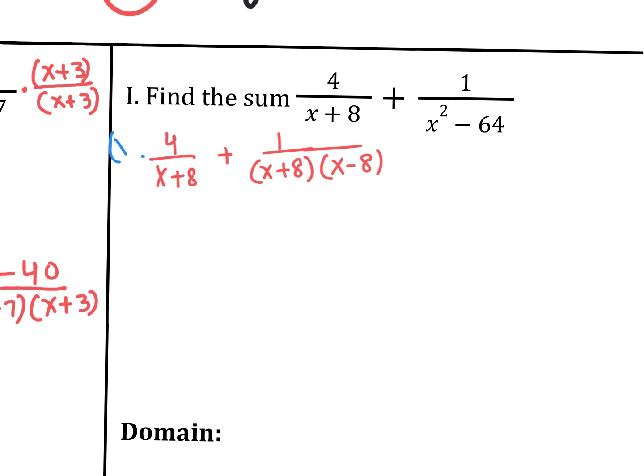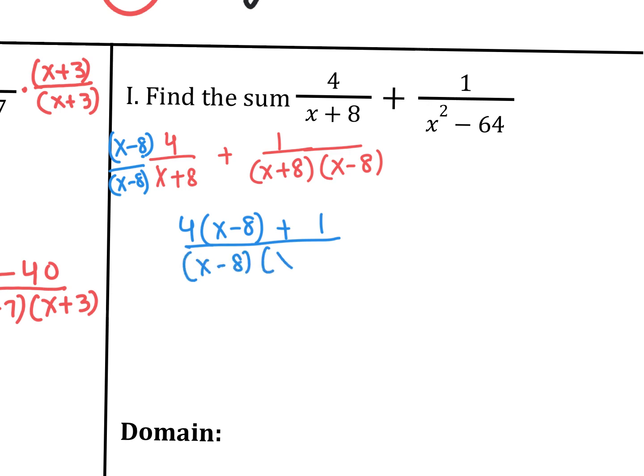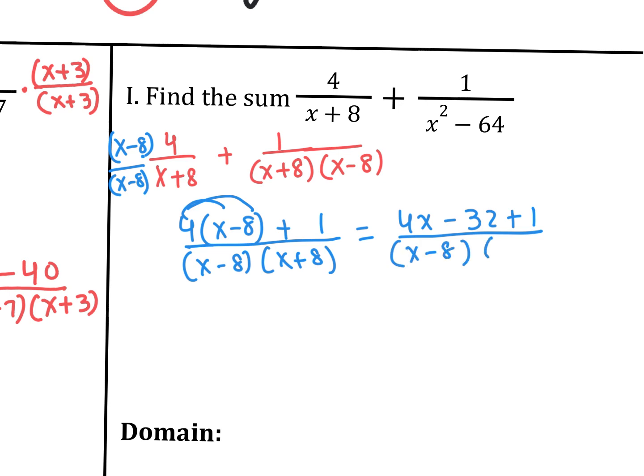Multiply top and bottom by x minus 8: 4 times x minus 8 plus 1 divided by x minus 8 times x plus 8. After distributing the 4, we got 4x minus 32 plus 1 over x minus 8, x plus 8.